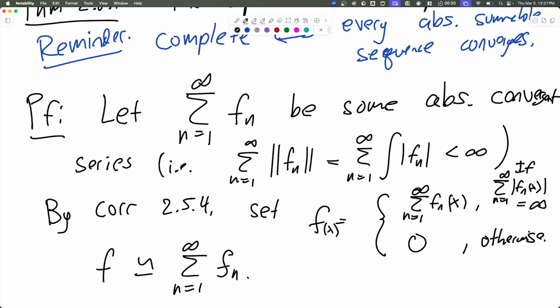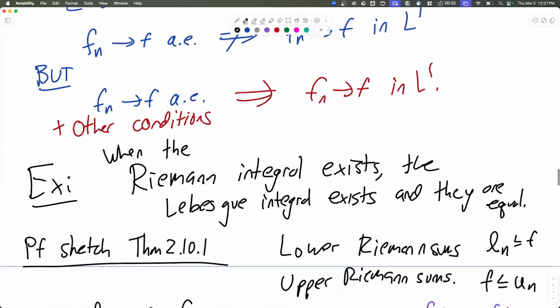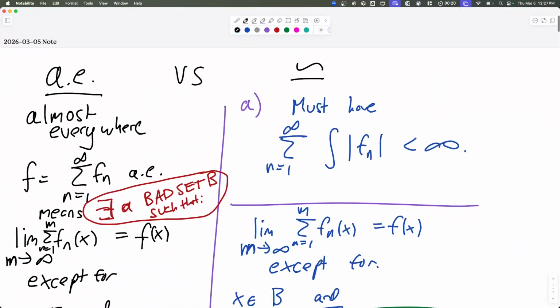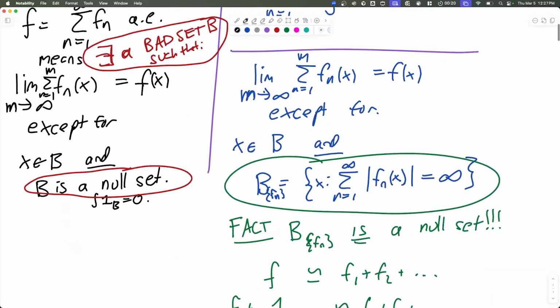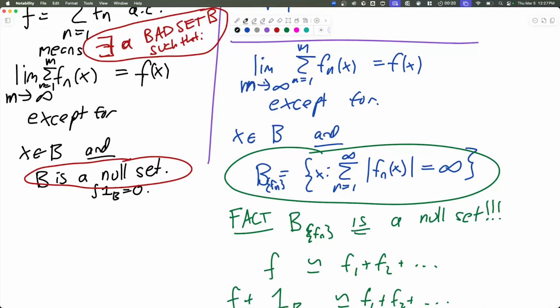I'm confused about why it's equal to the sum when the absolute sum is infinity. Well, remember condition B, going all the way back: we want them to be equal except for when the thing is infinity. And I'm just defining a function that does that. So you give me the fn's, but you didn't give me f.